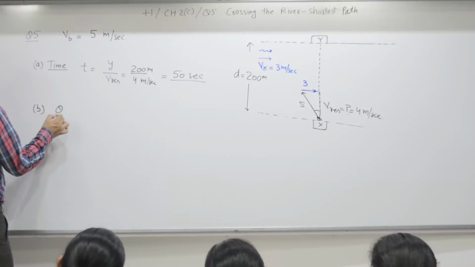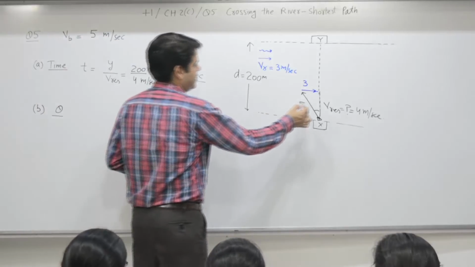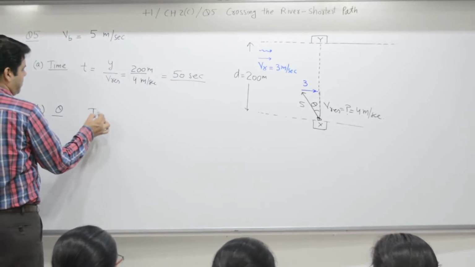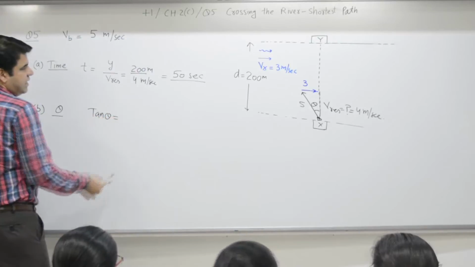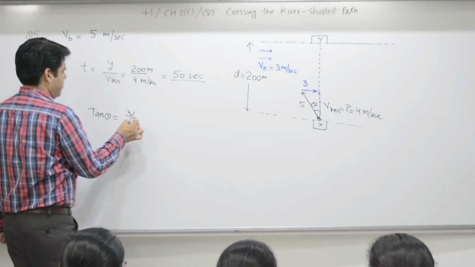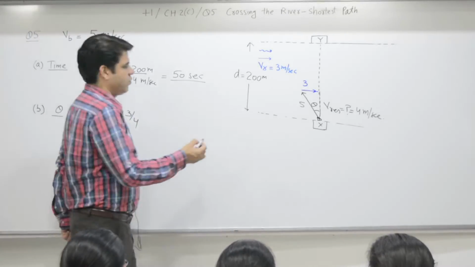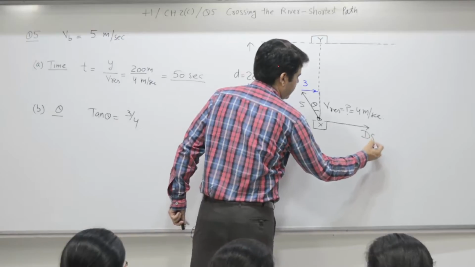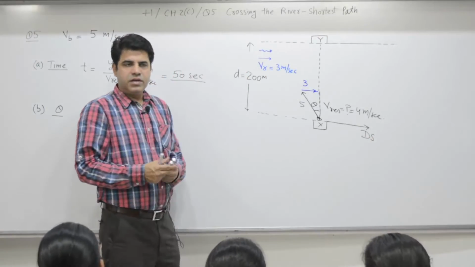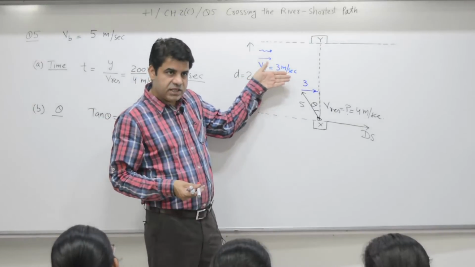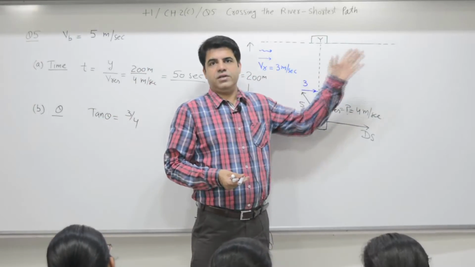Can we find out theta if this is termed as angle theta? Then tangent theta is equal to what? Tangent theta is equal to 3 by 4. But generally, you mark this direction as downstream. Why? In competition, you get downstream, because downstream is the direction in which the river is flowing.